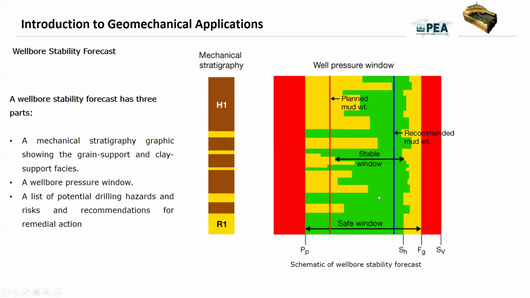So the drilling hazards and potential risks are identified along with remedial recommendations and plans if some problems occur. The vertical red line represents the well pressure corresponding to a specific drilling fluid density, and the blue line is the recommended mud weight pressure to drill the section of the hole. So here we are in the stable window.